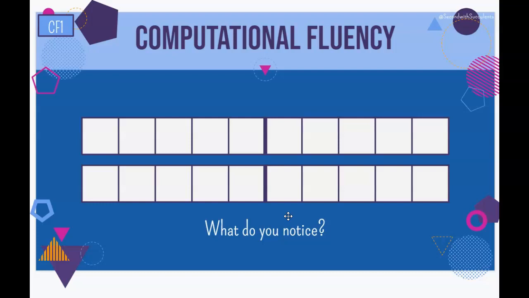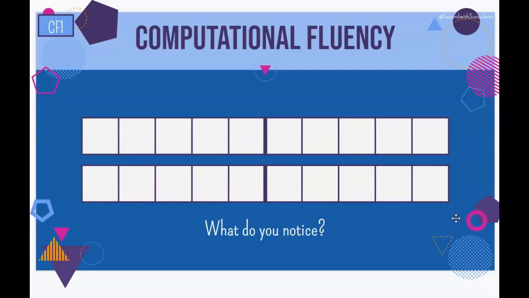How many squares do we have total with our 10 strips? Now you may be saying 20. You can count 20 by counting these groups of 5. 5, 10, 15, 20.